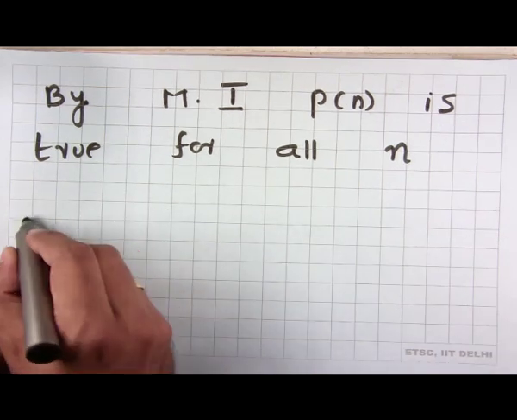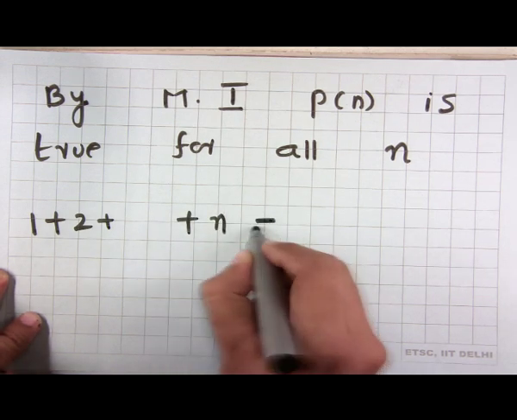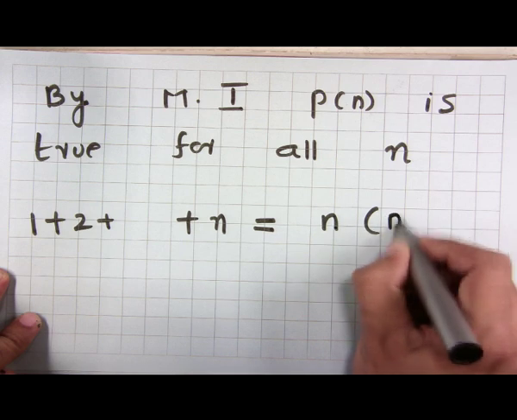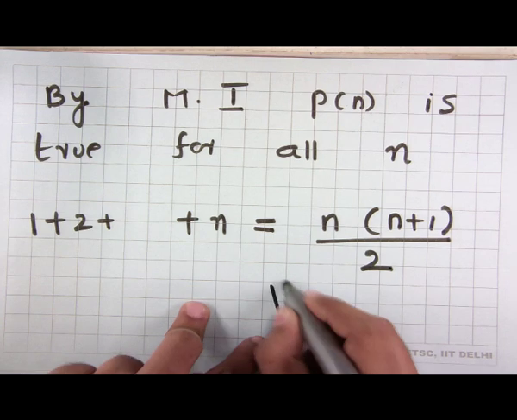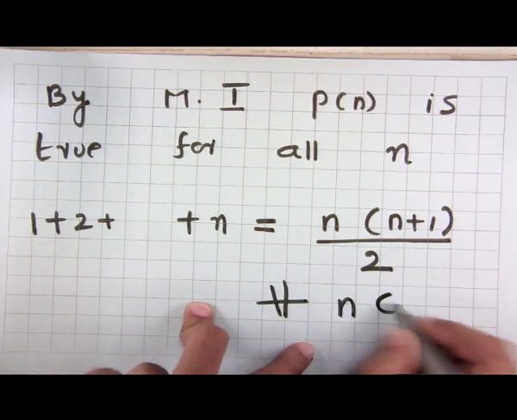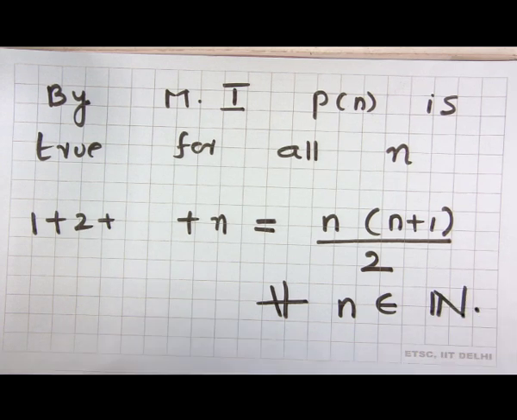To be explicit, 1 plus 2 plus etc. plus n is equal to n into (n plus 1) by 2 for every n from the set of natural numbers. So, this solves the first example.